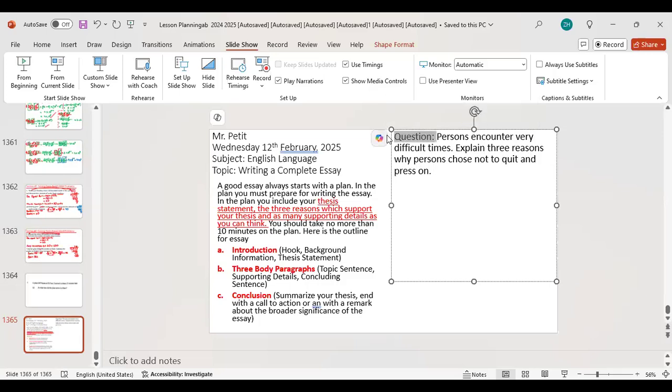All right, so let's say that you encounter this question. It says persons encounter very difficult times. Explain 3 reasons why persons choose not to quit and press on in spite of their situation, right?